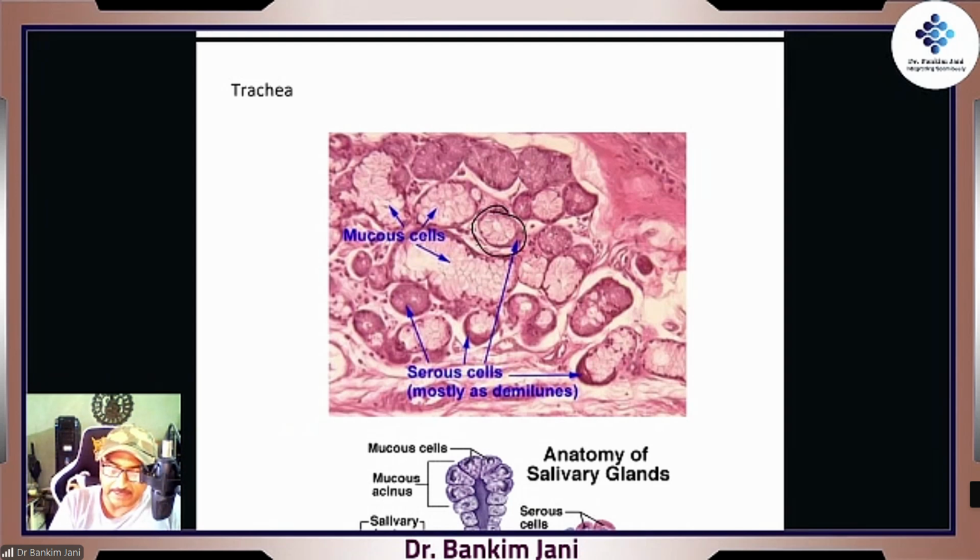Otherwise, watch for this, or watch for this. Just over here, such a small lumen, immediately it will be serous, because mucus acini have a big lumen. The lumen size will be bigger. And when it is mixed, remember it is the cap.